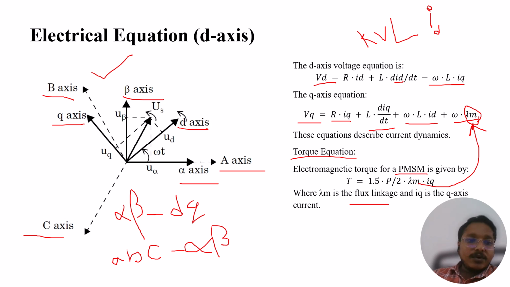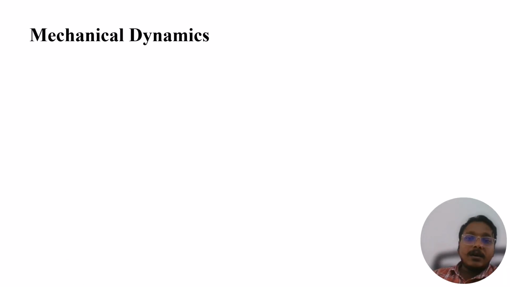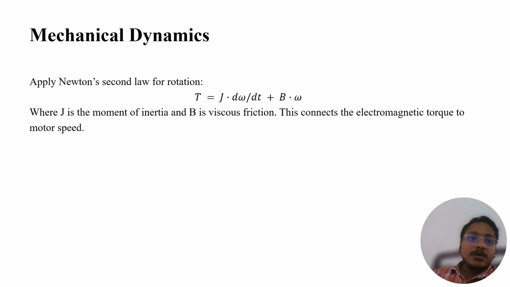I have discussed the electrical equations. Now I need to consider the mechanical dynamics also. As before, Newton's second law for rotation: T equals J, the inertia, into d omega by dt, plus B, the viscous friction, times the angular velocity.